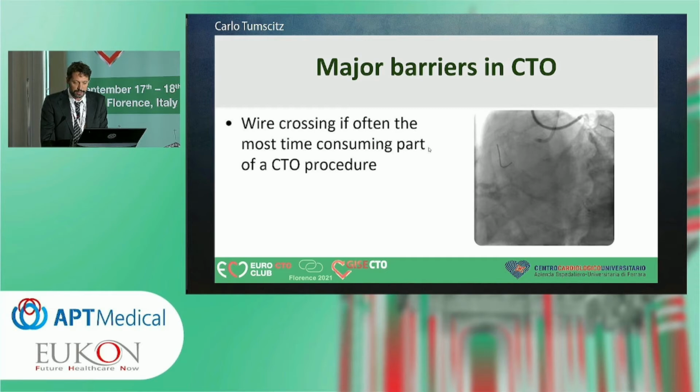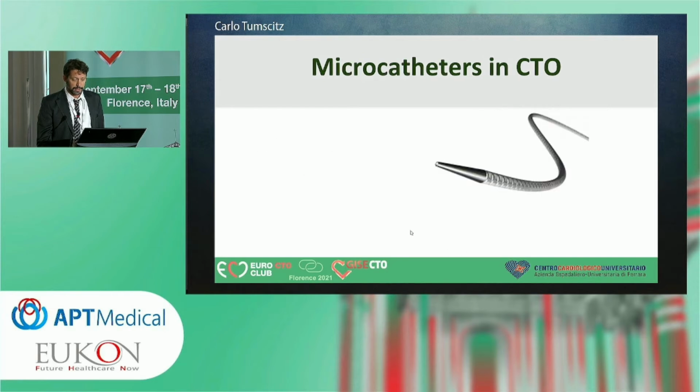We know that in CTO, the most time-consuming part of the procedure is the wire crossing. So normally we pay a lot of attention to the wires, different wires, technology, etc. But if you remember what happened in the CTO field, we know that we need microcatheters. We need them for guidewire control, for tip injection, for coil delivery if you have complications.